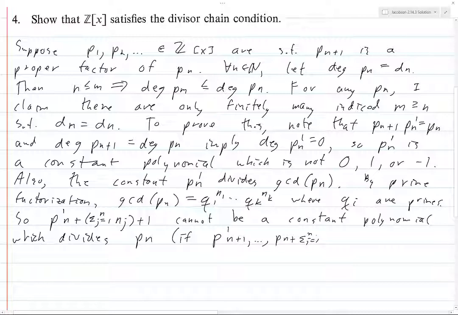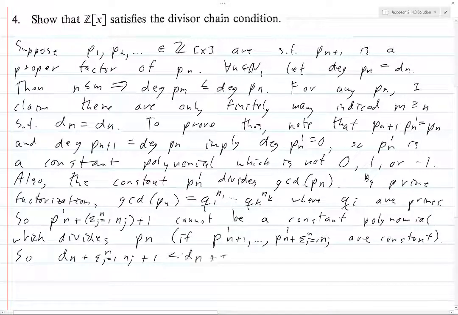And so this is what I mean by this being sloppy, in that I'm not very clear, there's kind of a lot going on here, but the basic point is that what this proves is Pn plus sum from j equals 1 to n and j plus 1 must, or rather the degree of this must be strictly less than dn plus sum j equals 1 to n of nj.